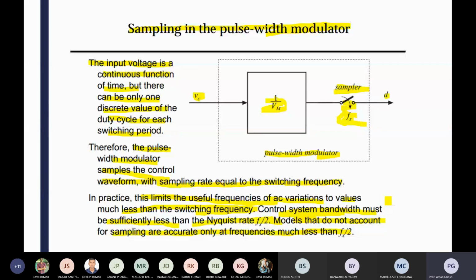That is the basic concept of digital control, or you can say digital PWM. The main problem is that if you increase the sampler frequency, it causes instability or unstable conditions in your converter dynamics. That's why you should not go beyond that range. As per the theorem, you have to follow that instruction.